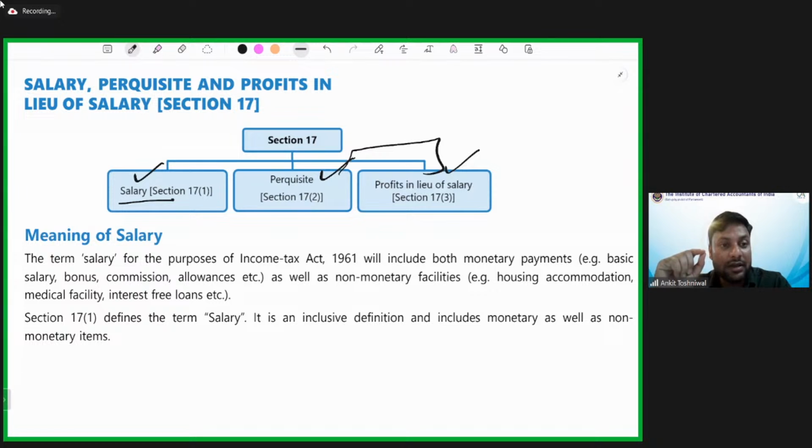Under the head salary, it includes not only the basic salary, that is a slab given by the employer to you, but also monetary benefits and non-monetary benefits. Monetary benefits, for example, you are getting the allowances.